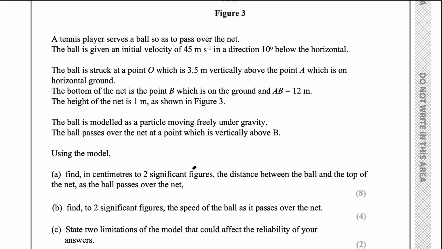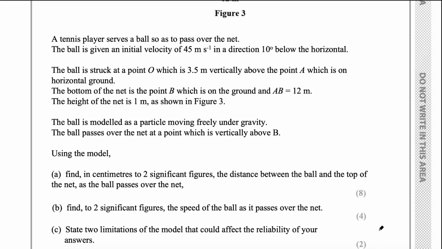The other thing is, if you've ever watched tennis or played tennis, you know that there's always some spin on the ball. It's very hard to hit a ball without putting spin on it. And the spin of a ball affects its flight through the air, the friction of the air on the ball, and it affects how the ball behaves as it travels through the air. So the other thing I would talk about is the spin of the ball as affecting the reliability of the answers.